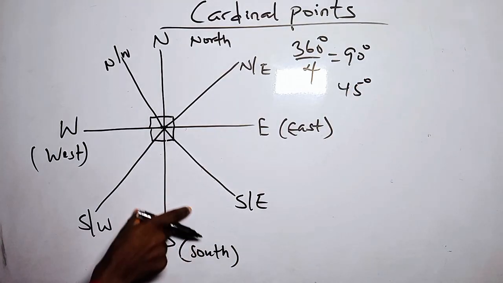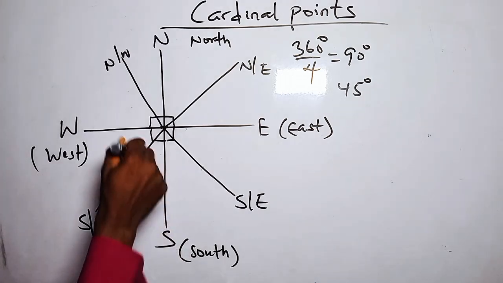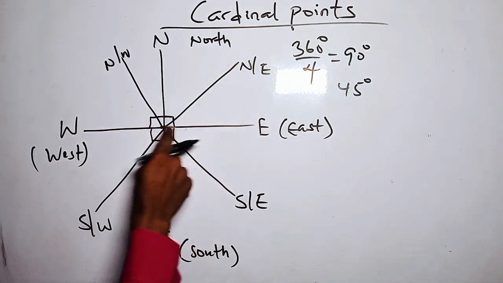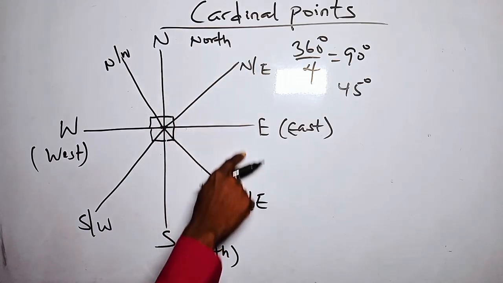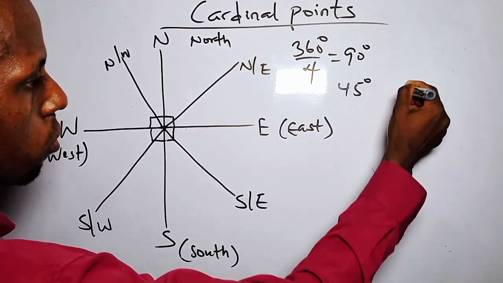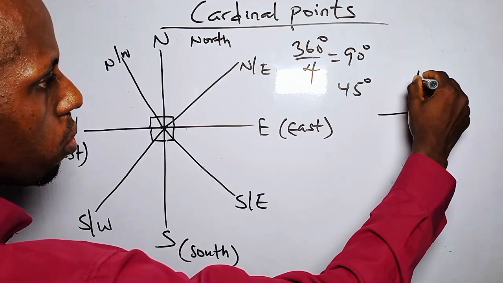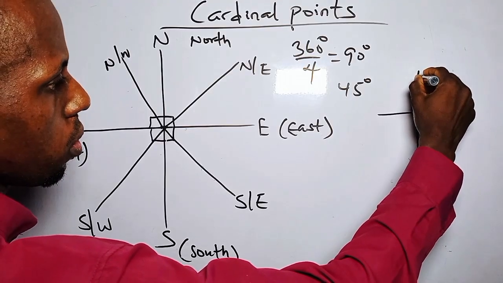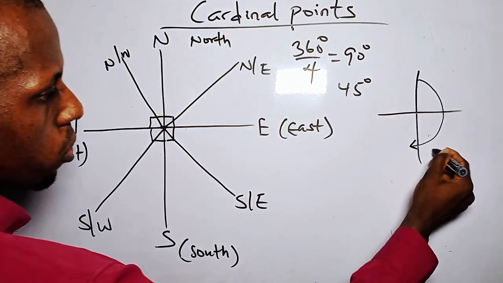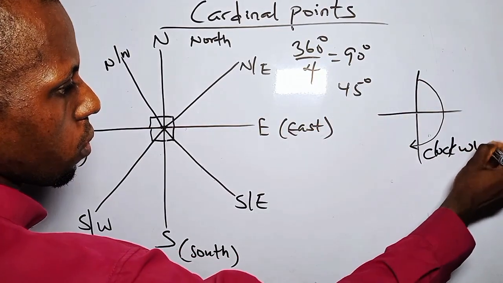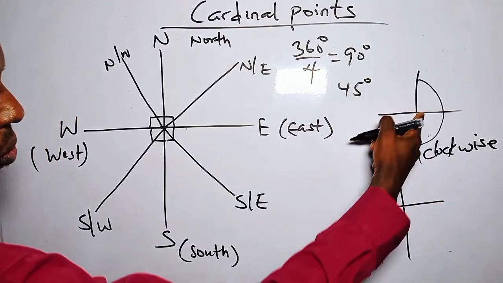So when we look at these cardinal points, we take note that our directions, or the position of any object, always come in a clockwise direction. So what do you mean by clockwise direction? For example, when we start our reading in this form, this is a clockwise direction, and for anti-clockwise direction, it is the opposite of this.